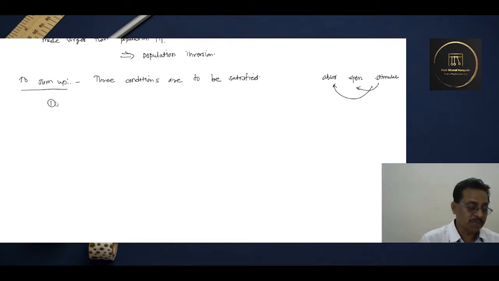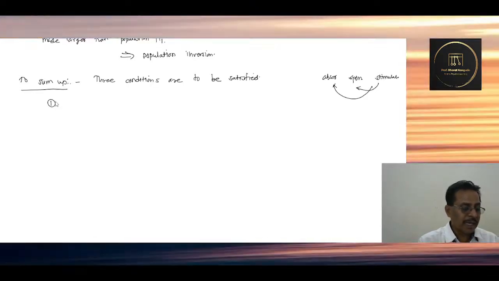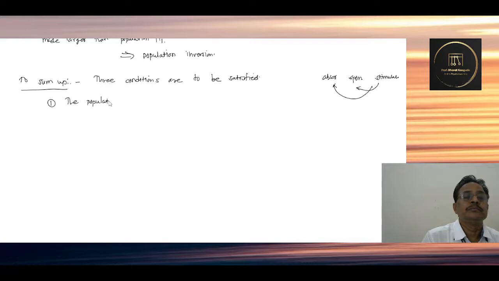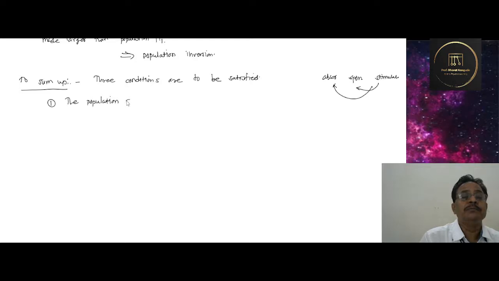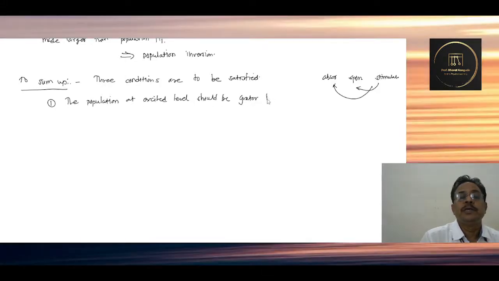Number one, the population of the excited level should be greater than that at the lower energy level or ground level.